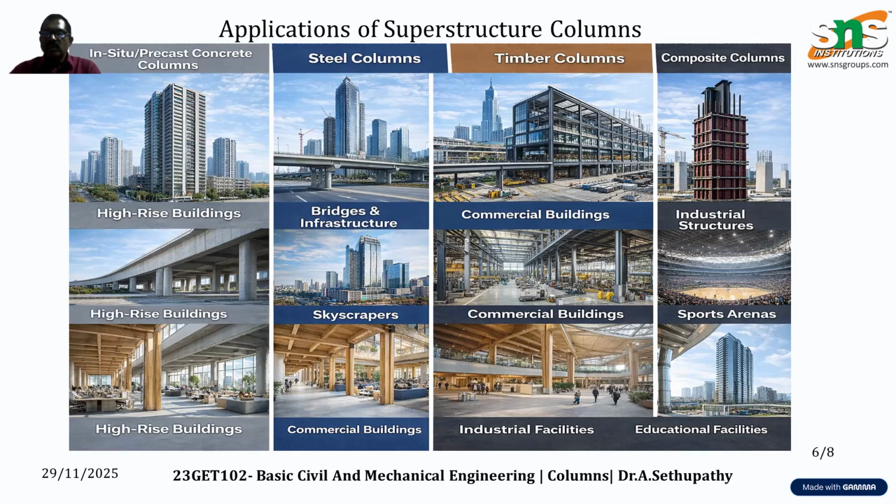Composite columns are basically used in industrial buildings, sports arenas like stadiums, and educational facilities. In these areas we use composite columns.